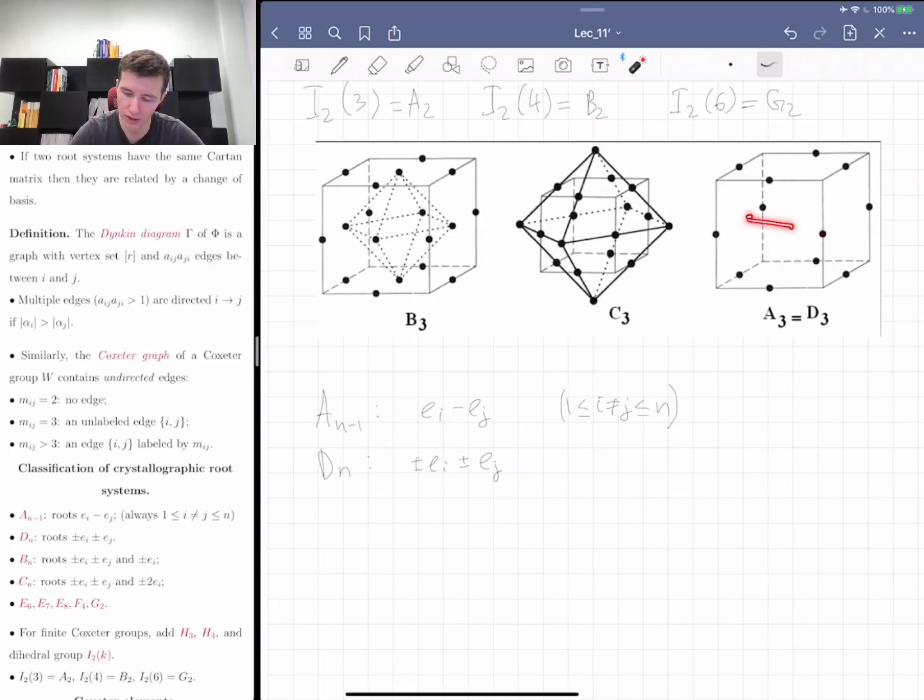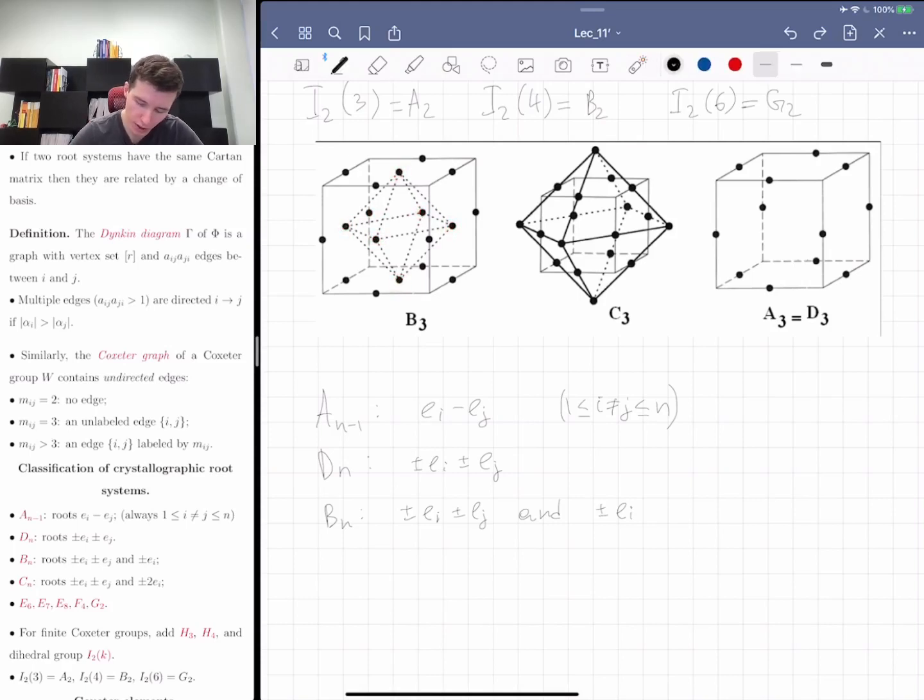Or if you choose minus e_i, then you get this point, etc. You get all these midpoints of edges of the cube. Now for B_n, you take D_n, plus or minus e_i plus or minus e_j, and you also add plus or minus e_i for all i between 1 and n. And that's the picture on the left. So you see it's a union of D_n together with the plus or minus basis vectors.